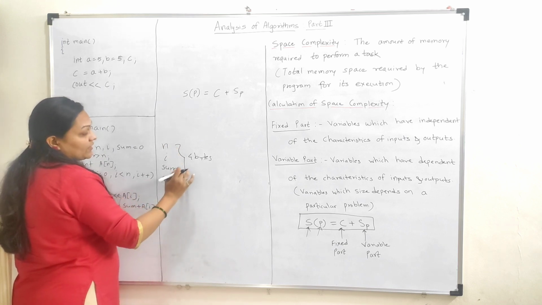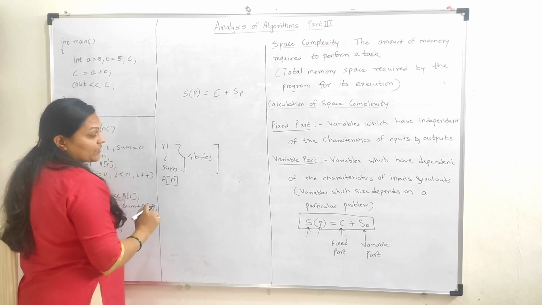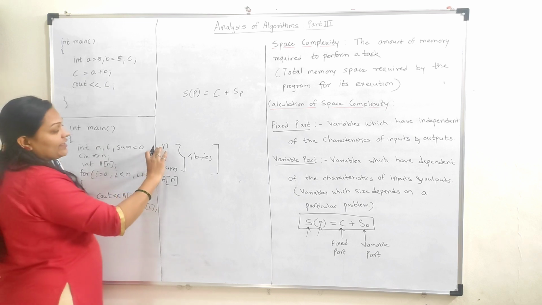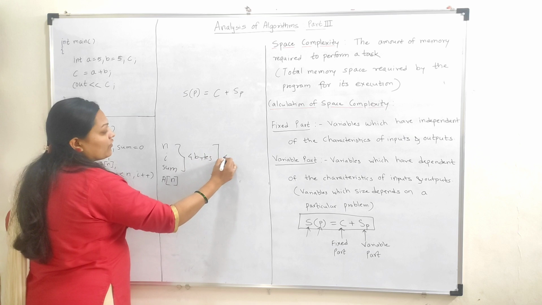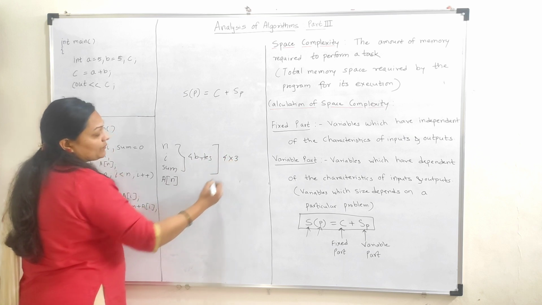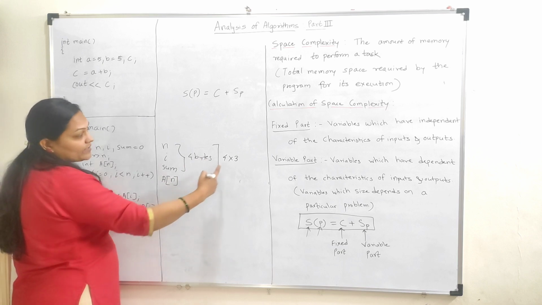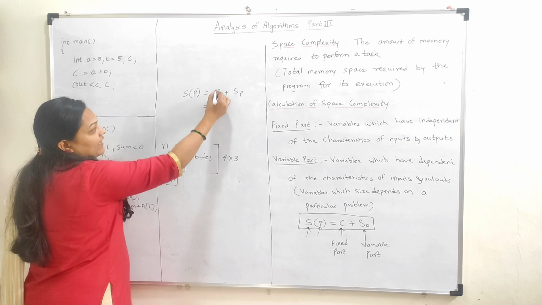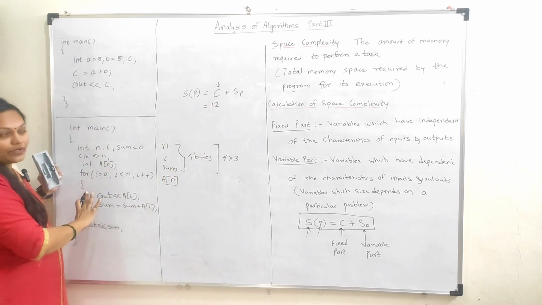So these variables we are considering in the fixed part. So how much memory is required for storing these three variables? 4 into 3, three variables, each variable requires 4 bytes. So 4 into 3, that is 12 bytes required for the fixed part for this particular program.